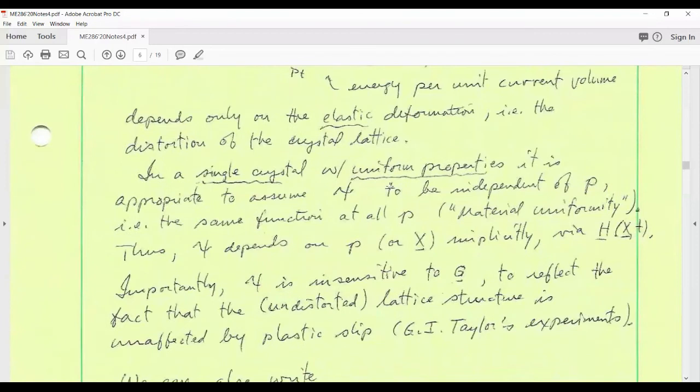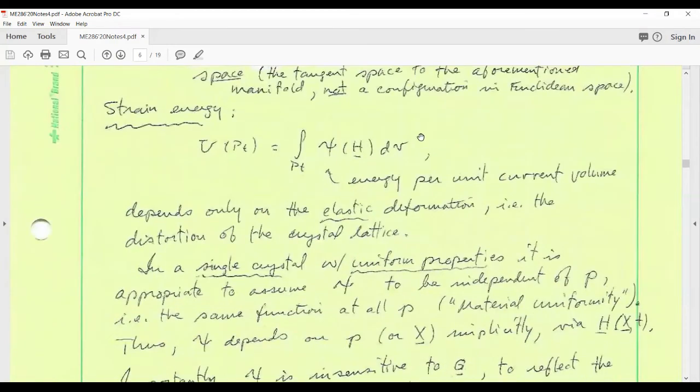Suppose we have a single crystal, so a uniform body or piece of a body composed of a single crystal. In this case, we would expect this function to be the same for every point in the crystal. A uniform crystal should have a uniform constitutive function associated with it.